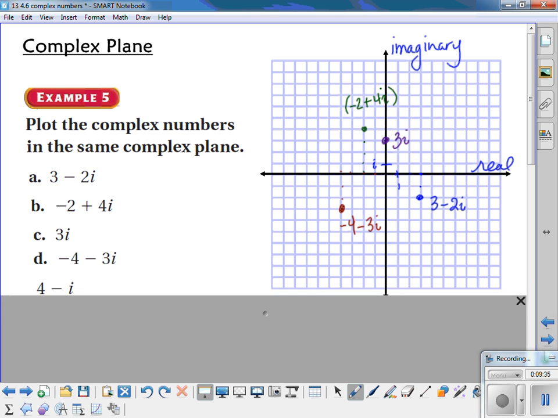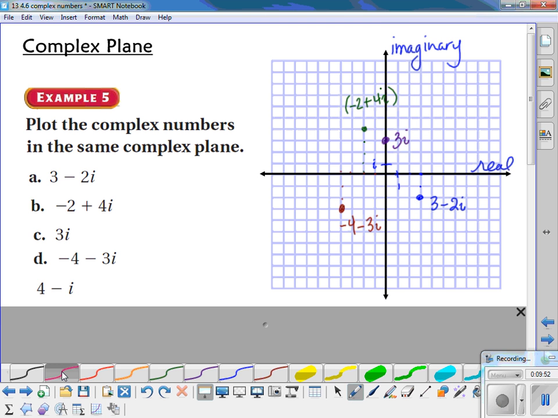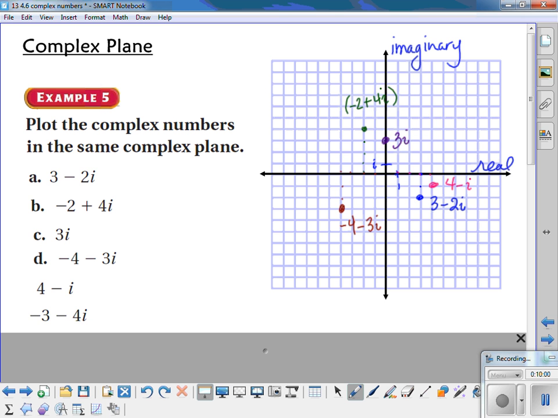All right. So, how about if you guys graph that one for me on your whiteboard? Okay, so we just had to go in the positive 4 direction, 1, 2, 3, 4, and down 1. Looked like you guys had that. All right, how about that one?